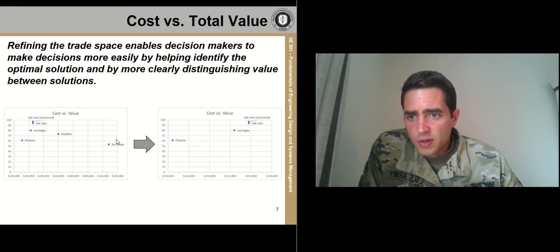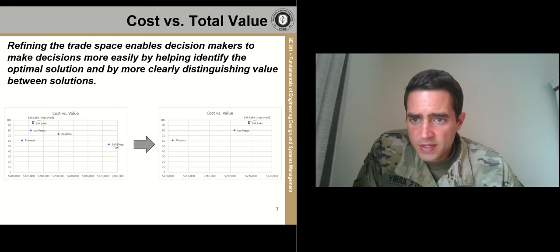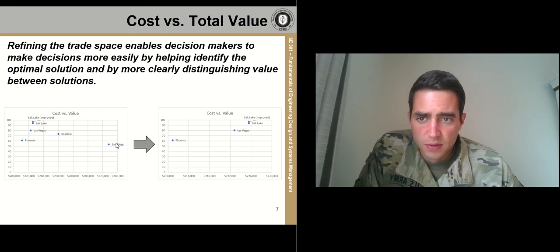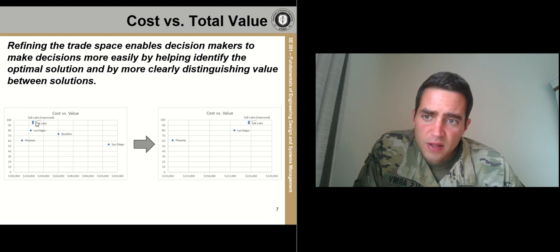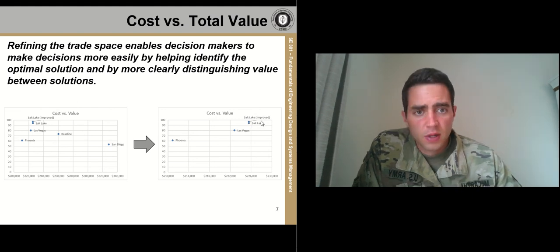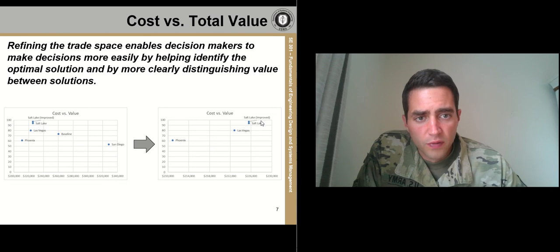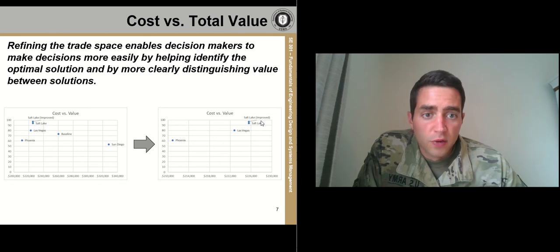Graphically, what that looks like, we know that the baseline in San Diego are dominated solutions because we have other solutions that have a higher value for a lower cost. So we can remove those from the equation altogether, and we've added the improved solution of Salt Lake Improved, which was by improving our original candidate solution and adding a tutor, for instance, to increase the school's rating.